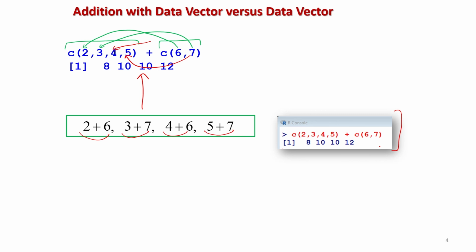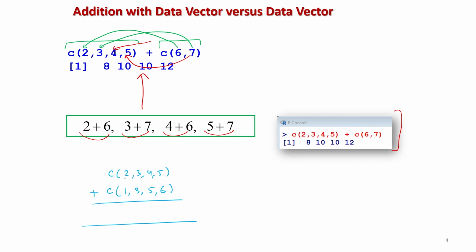Now at the same time, if I ask you what will happen if I take both data vectors of the same size, like c(2, 3, 4, 5) and c(1, 3, 5, 6), and I want to add them, then it is extremely simple: all the numbers at respective positions are added.